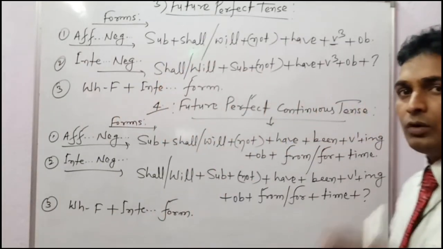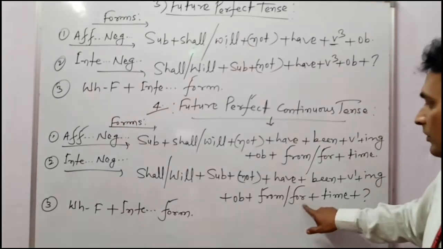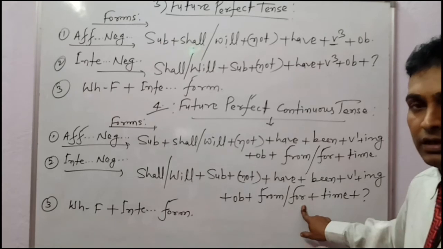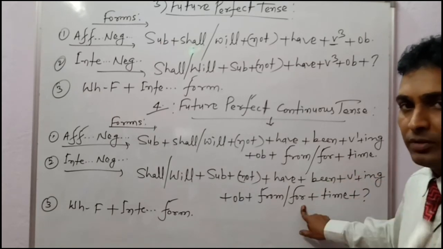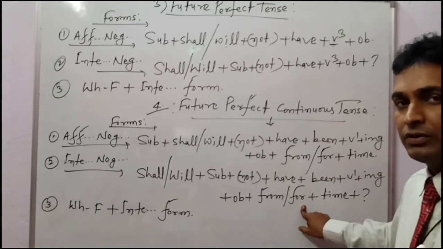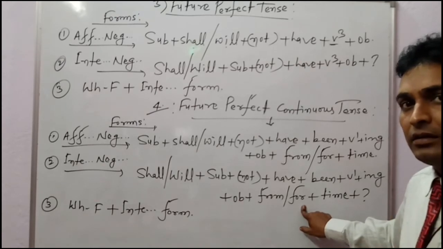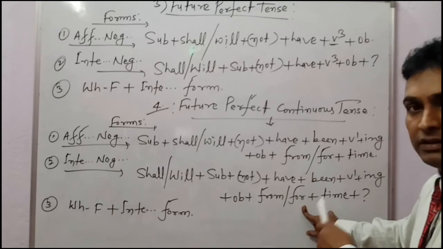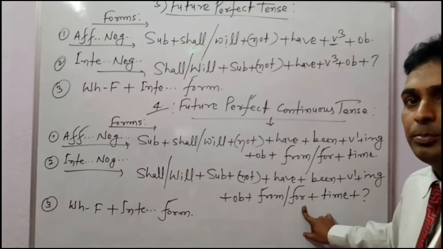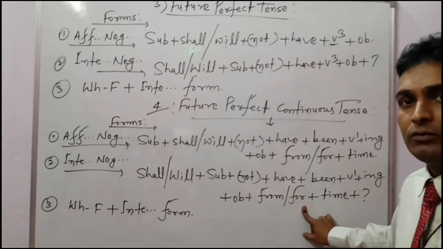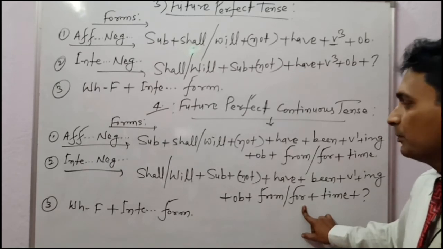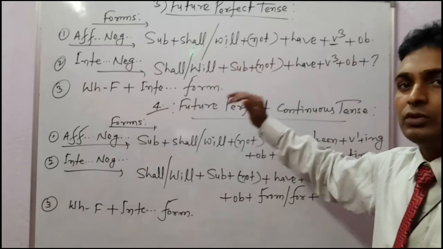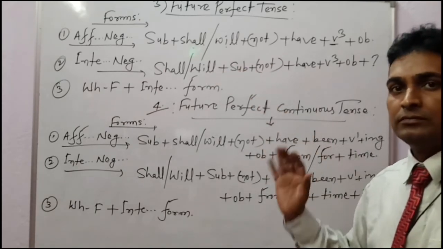Now here what you have to do, as you used to use for period of time earlier with present perfect continuous and past perfect continuous, similarly you have to use it even here in this tense, but at the place of since you have to write from, in future perfect continuous tense only.